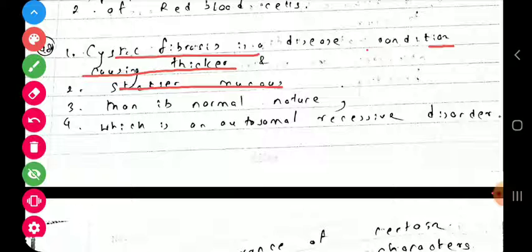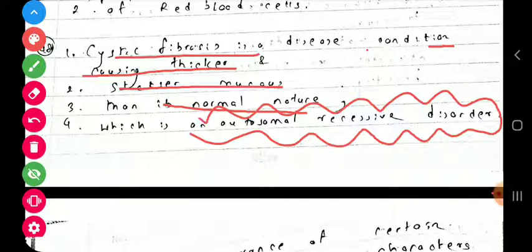Normally mucus is sticky to some extent, but it's stickier and thicker than the normal mucus. Remember that it's an autosomal recessive disorder.